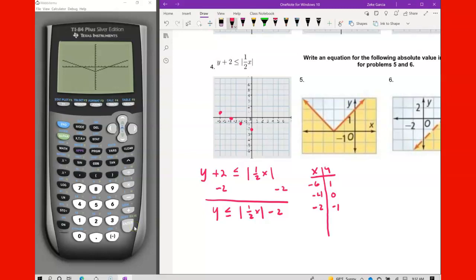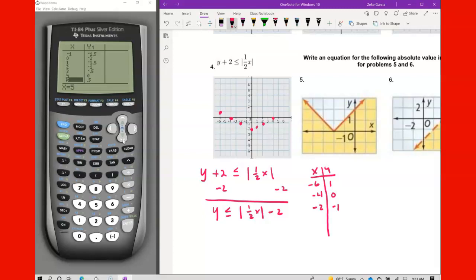And we have 2, -1. I have 4, 0, 2, -1. 1 is -1.5.